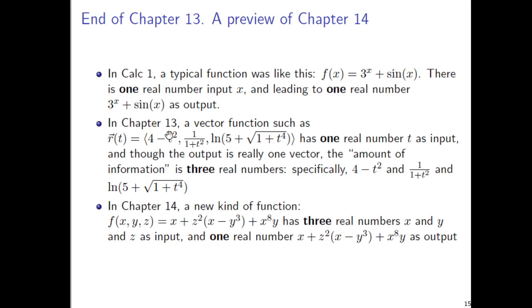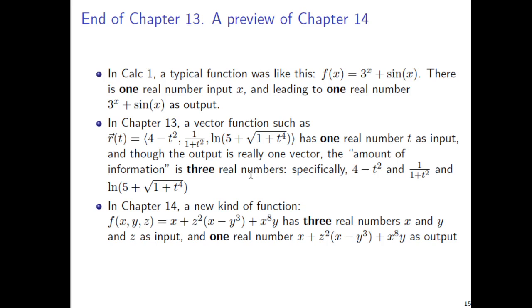That's different from the type of functions that we've been looking at in chapter 13, where you just need to provide an input t, just a single number. T is 7, right? Now in chapter 14, you would need to say x is 8 and y is 9 and z is 10, for instance. And once you've fed in all three things, a number for x, a number for y, and a number for z, then this formula would compute for you one real number as output, right?